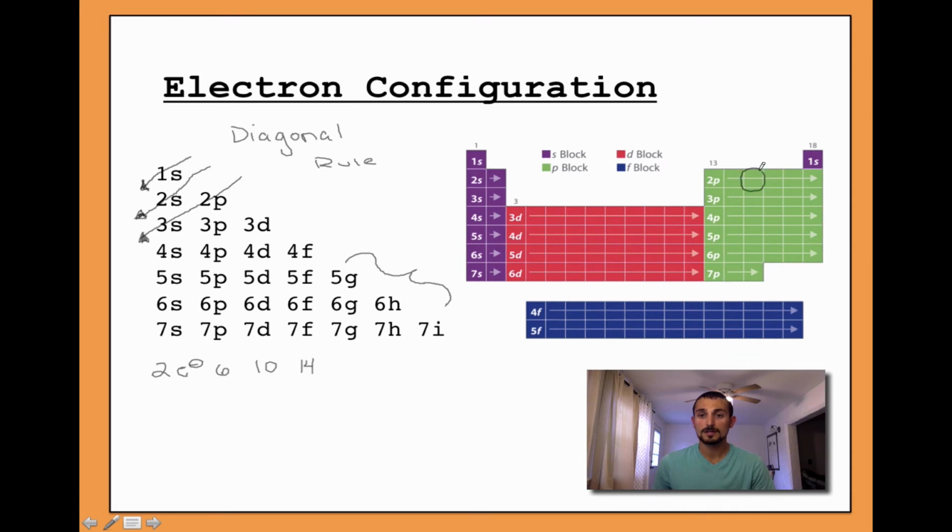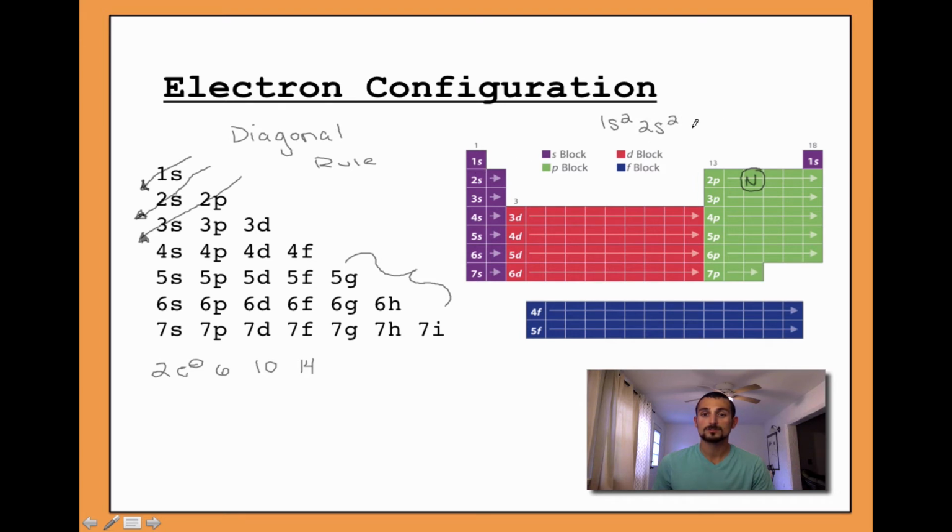So if I'm looking here at this element, which happens to be nitrogen, I know that there are going to be a certain number of electrons here, and I just keep dropping them off until I reach my destination. So I drop off 2 electrons in the first energy level, first sublevel, move down to 2s.